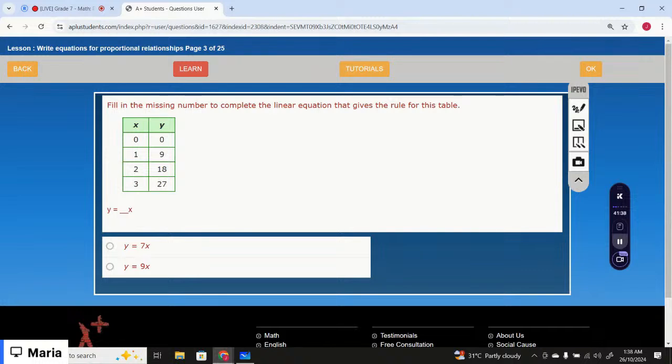Fill in the missing number to complete the linear equation that gives the rule of this table. So which is the correct option?